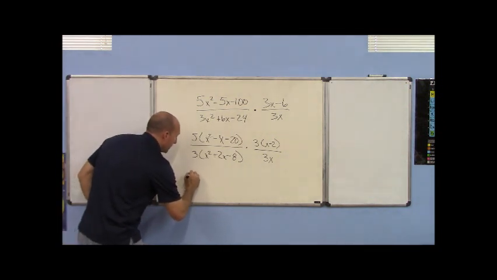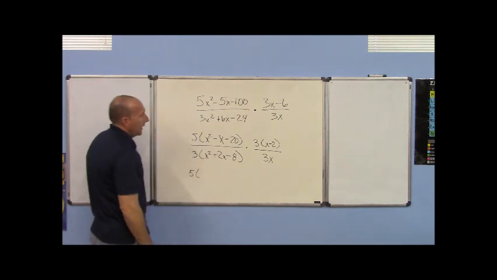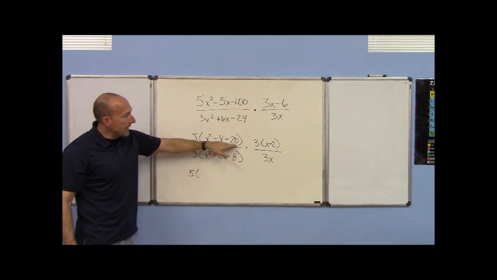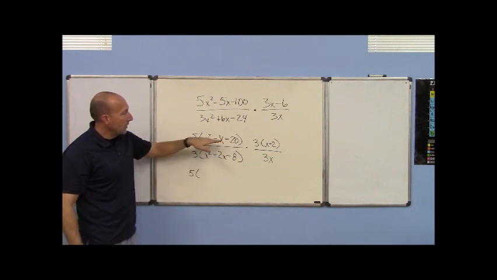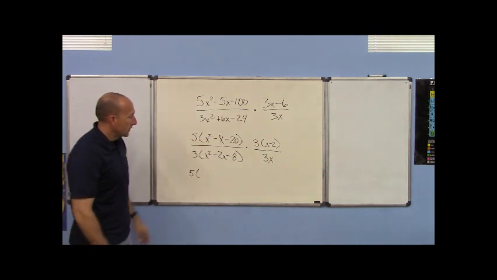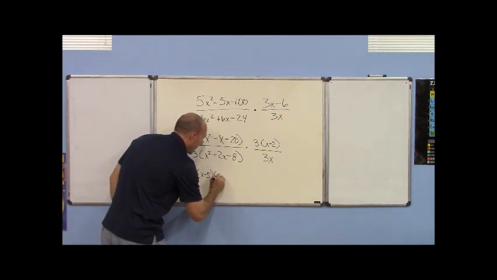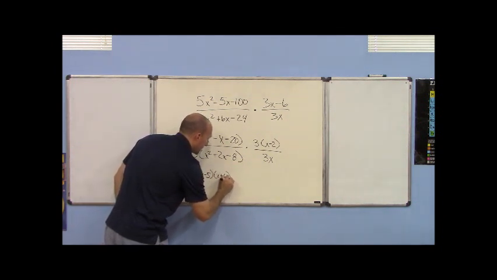So we're going to keep the 5, and we have factors of negative 20 that when added together give us a negative 1. So I'm thinking we're going to have x minus 5 and x plus 4, but that's just me.